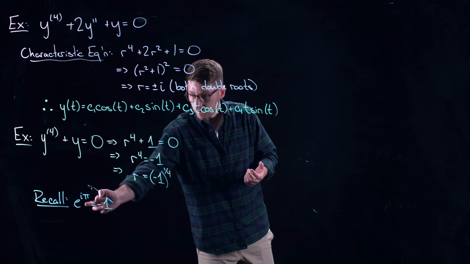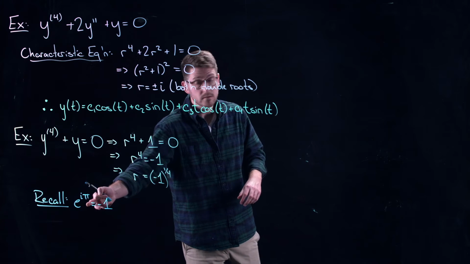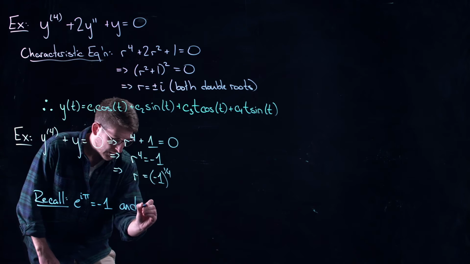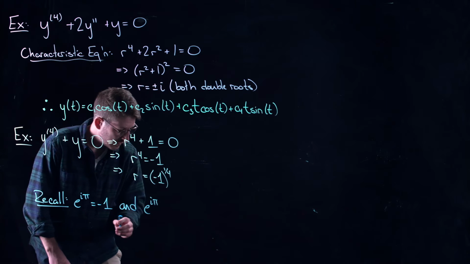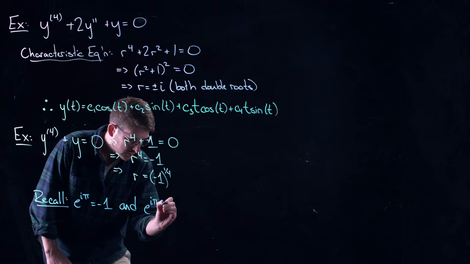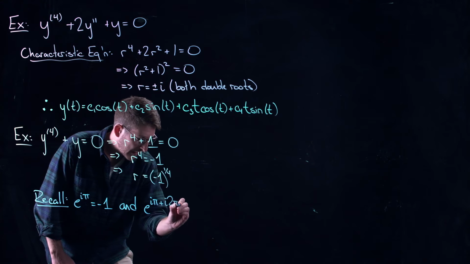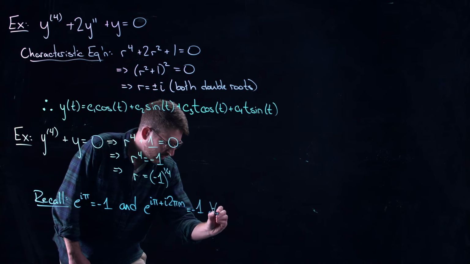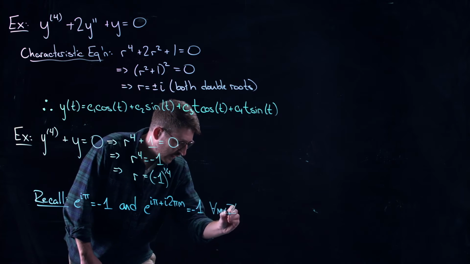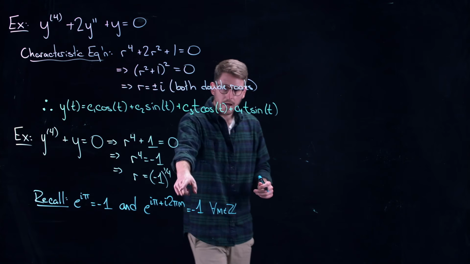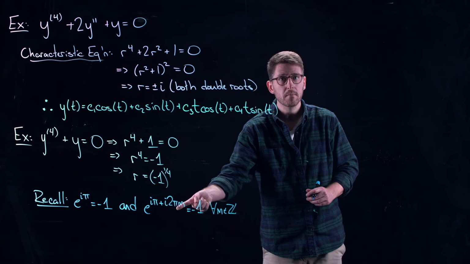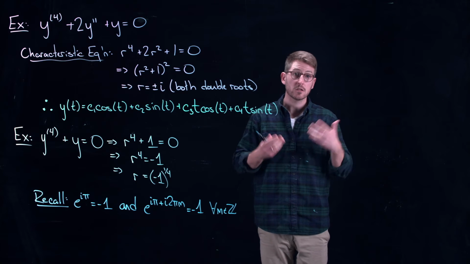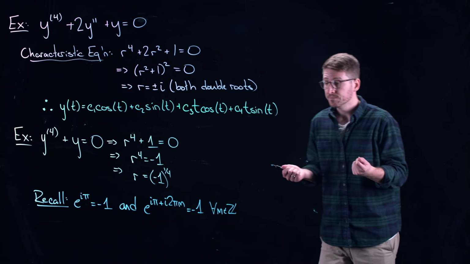Also, remember, this is just sines and cosines in disguise. This is the same as saying e to the i pi plus i 2 pi m is equal to minus 1 for all integers m. Why? Because the 2 pi m is just going backwards or forwards m entire periods.